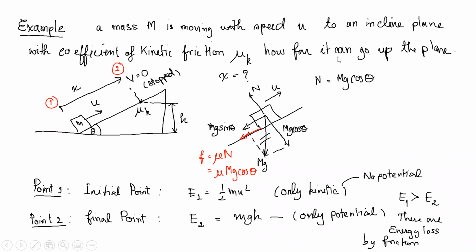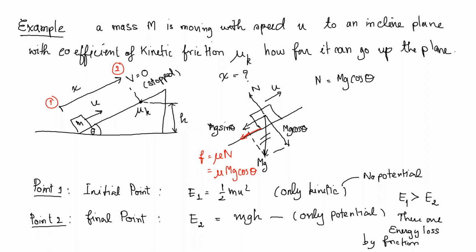How far can it go up the plane? You see that it starts at the bottom with the speed u, and it stops at the height h from the ground.